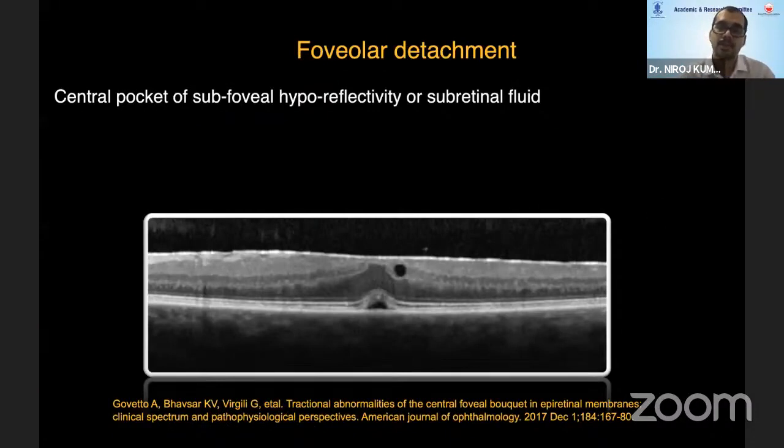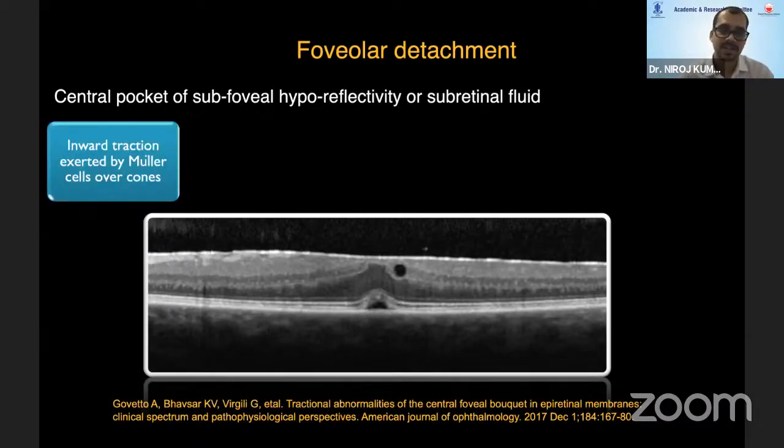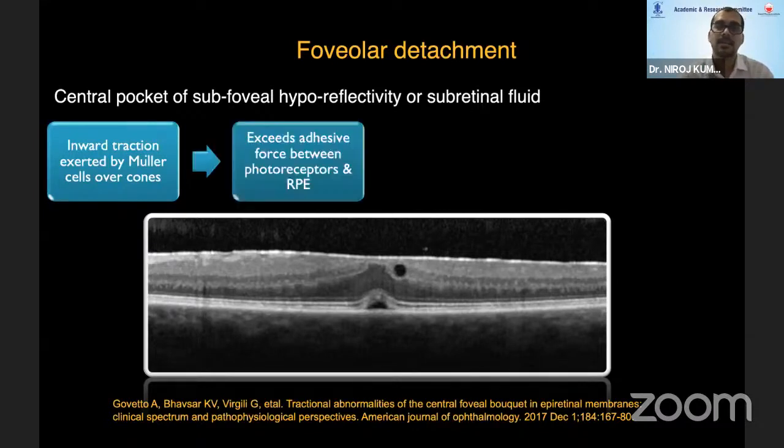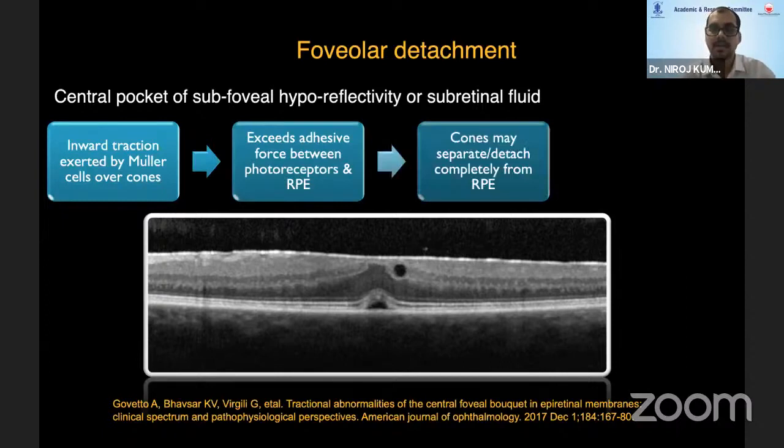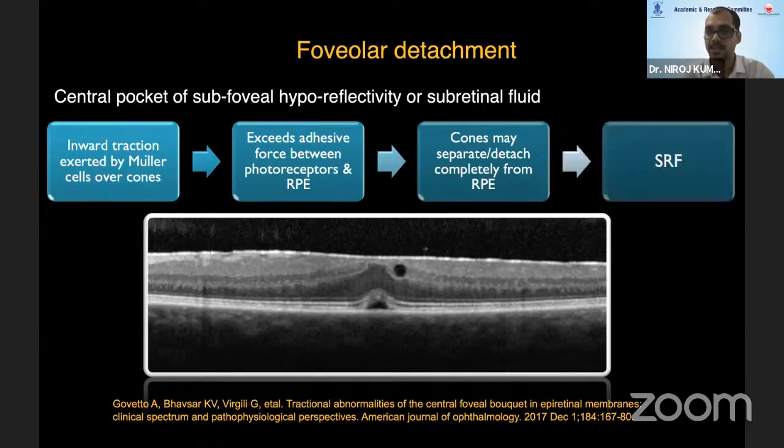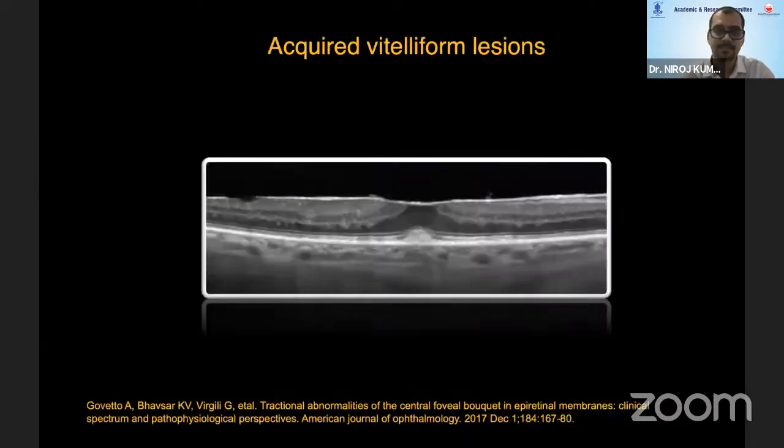Next is the foveolar detachment. As the name indicates, when the traction increases, it exceeds the adhesion between the photoreceptors and RPE, which results in detachment of the cones from the RPE, resulting in a small neurosensory detachment.